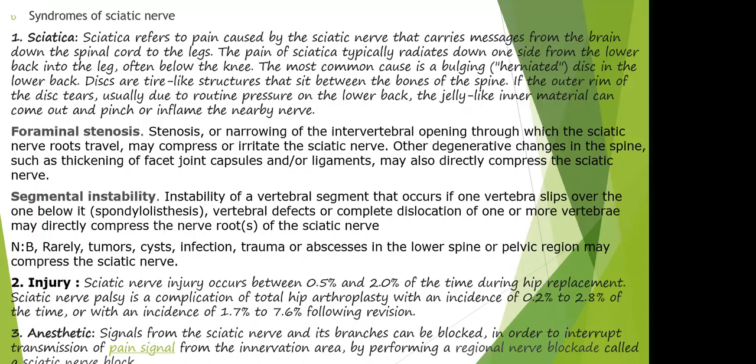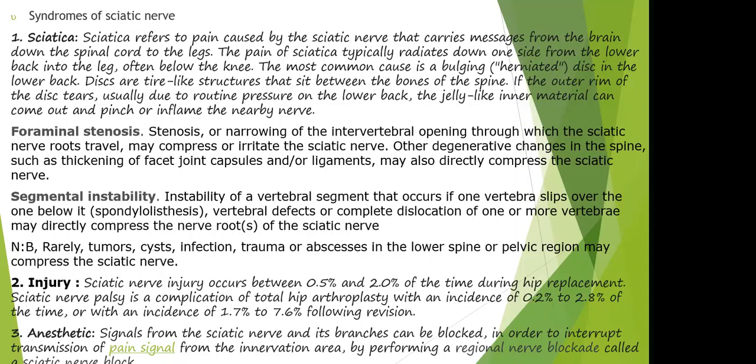Sciatica refers to pain caused by the sciatic nerve that carries messages from the brain down the spinal cord to the legs. The pain of sciatica typically radiates down one side from the lower back into the leg, often below the knee.